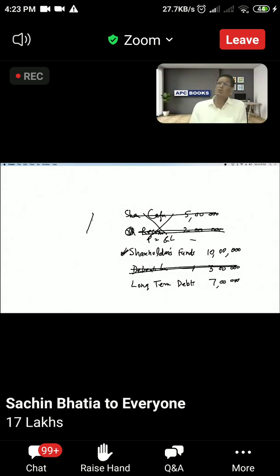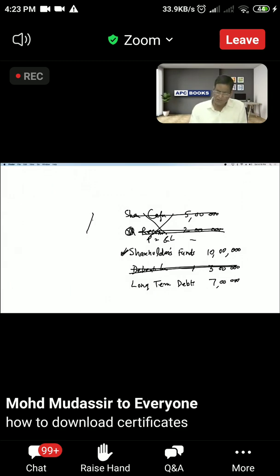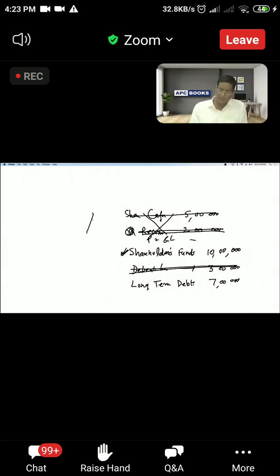Everybody knows to calculate capital employed: shareholders funds plus long-term debts. But the purpose of the webinar is to focus that shareholders funds include share capital and reserves, and if long-term debts are given, they include debentures also. So capital employed is simply 10 lakh plus 7 lakh.